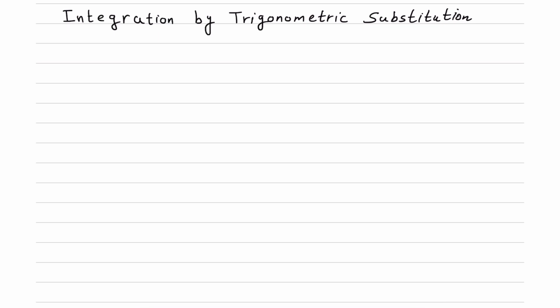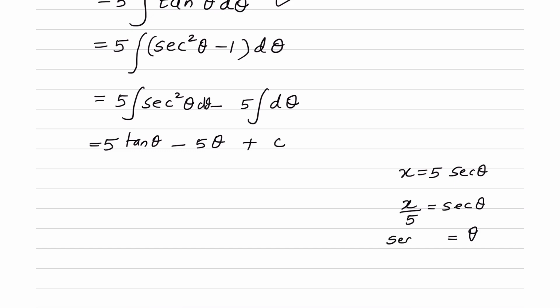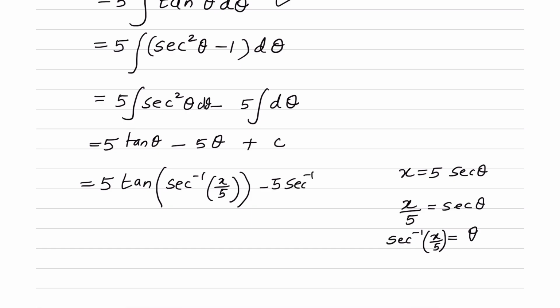We have x by 5 equal to secant theta, and then theta is equal to secant inverse x by 5. Let's put it in: 5 tan of secant inverse x by 5 minus 5 times secant inverse x by 5 plus some constant.